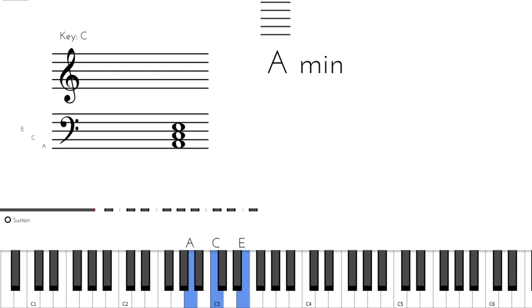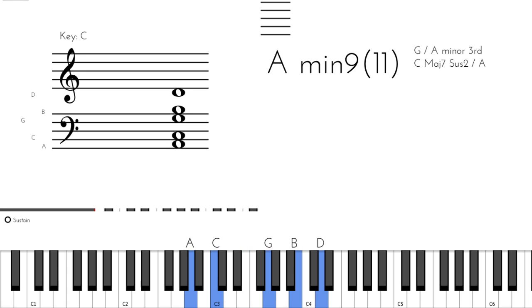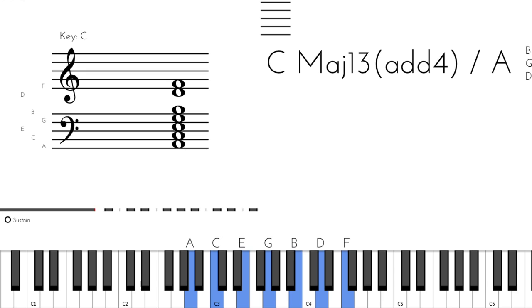You can continue. 7th, you jump 1 note. 9th, 11th, and then that's it. You get an A minor 13th. The display is showing C major 13th.